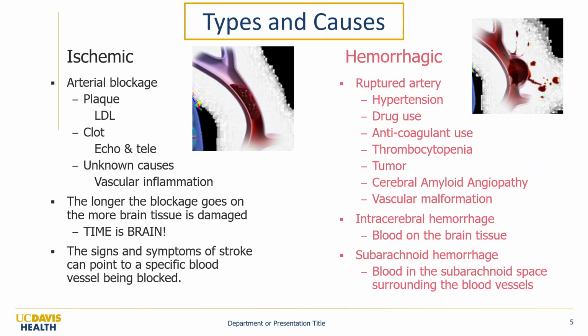Common etiologies of hemorrhagic stroke include hypertension, recreational drug use, anticoagulation, tumors, cerebral amyloid angiopathy, thrombocytopenia, and vascular malformations, such as arteriovenous malformations, also known as AVMs, or aneurysms. Hemorrhagic strokes are also a stroke emergency. Rapid recognition and intervention is needed to help give these patients the best chance at a good outcome.